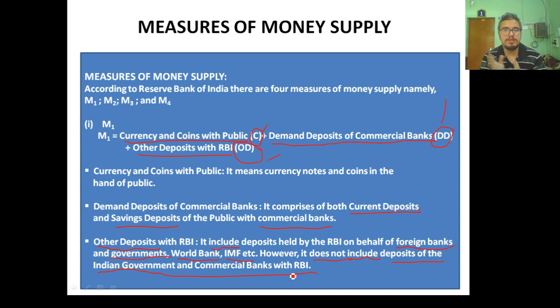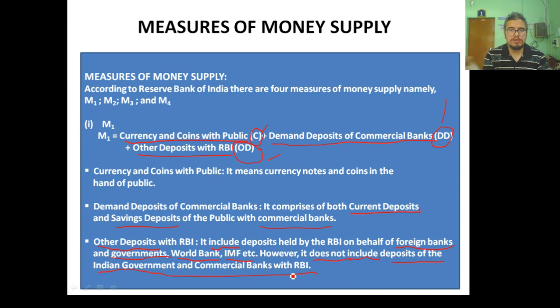And other deposits with RBI include deposits made by commercial banks and governments of foreign countries and other foreign or international institutions like World Bank, IMF, etc. And it does not include the deposits made by the Indian government or the state governments in India and commercial banks of India with RBI. Okay, hope you have understood this.